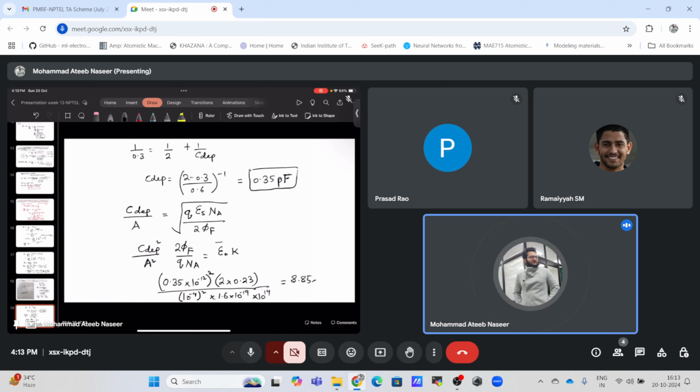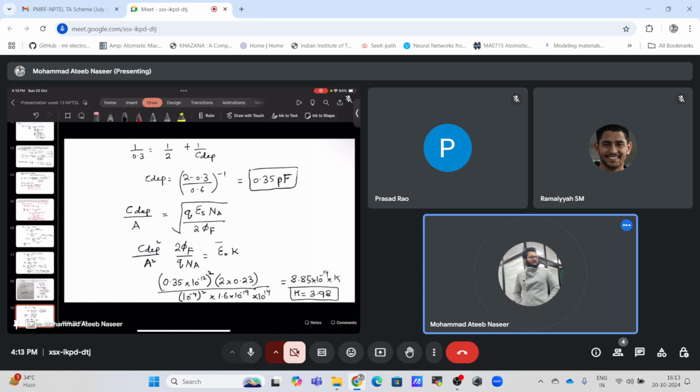It is 8.85 into 10 to the power of minus 14 times the K. Now let's try to solve for this. It's a huge thing. So the value of K comes out to be approximately equal to 3.9.